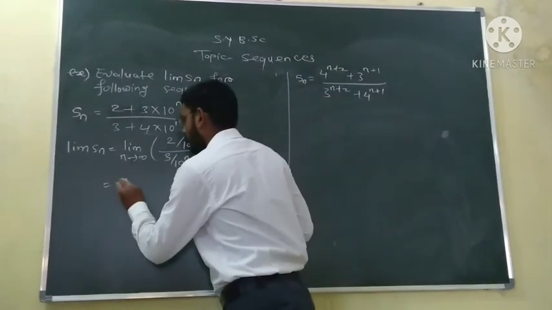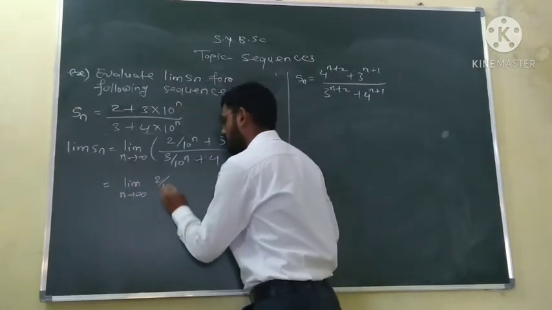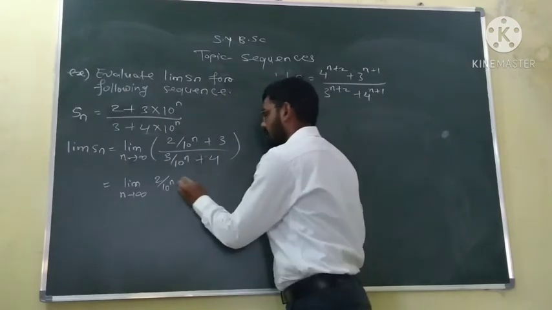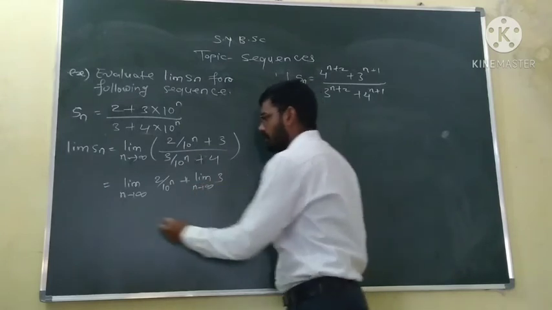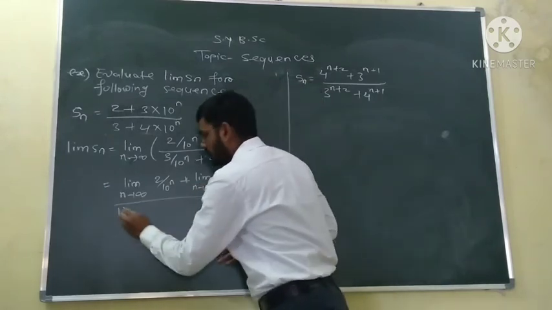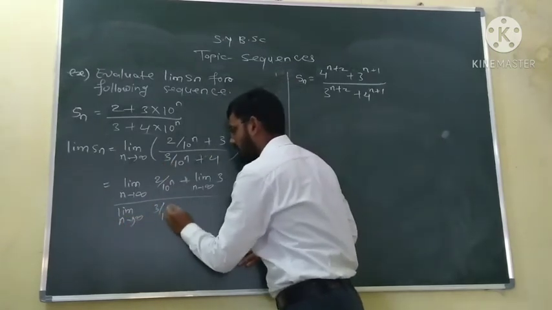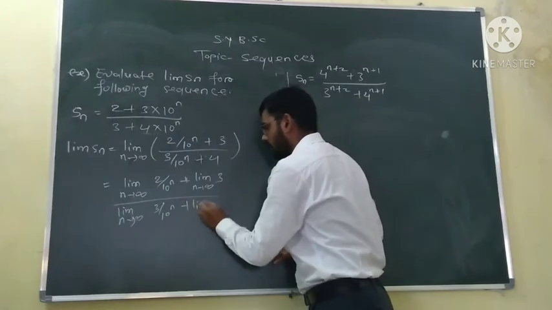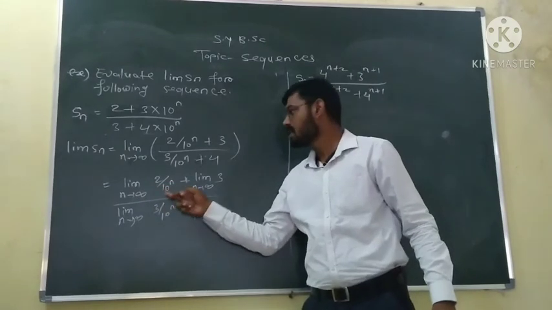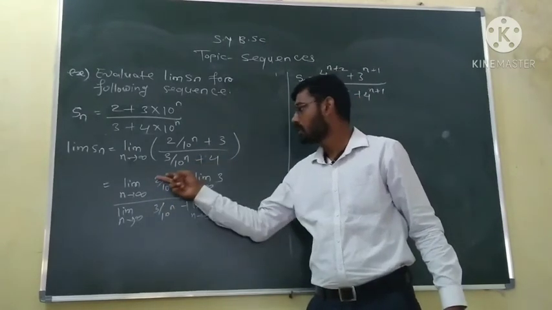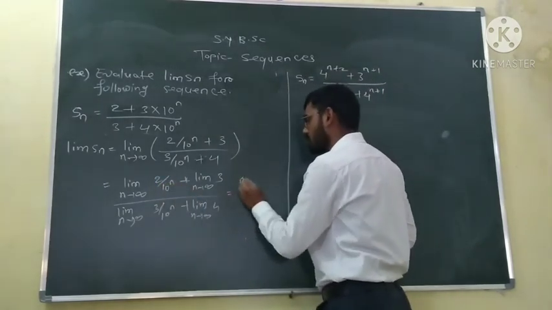This becomes limit n tends to infinity 2 upon 10 raised to power n plus limit of this constant 3, which is 3, upon limit n tends to infinity 3 upon 10 raised to power n plus limit of this constant number 4. Now as n tends to infinity, 10 raised to power n also tends to infinity, so 2 upon infinity tends to 0. So limit of 2 upon 10 raised to power n is equal to 0.